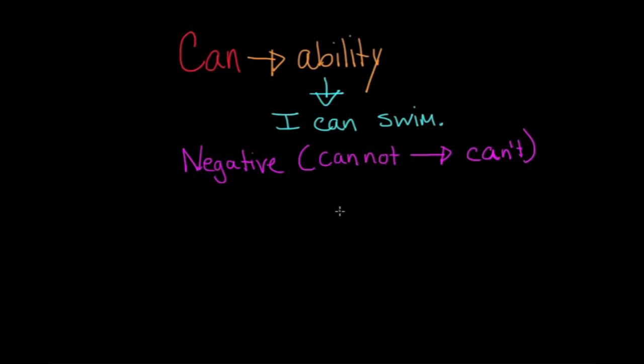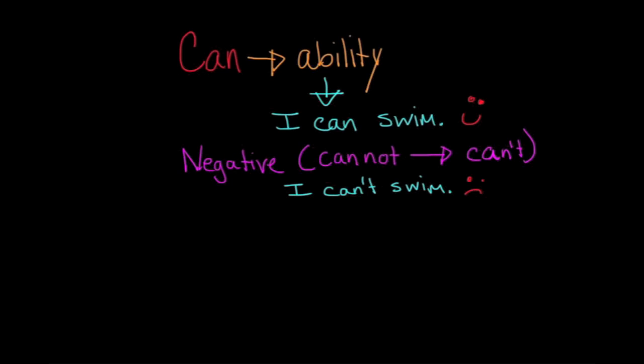So, for example, I can't swim. So this is the negative form. I can't swim. And this is the positive form, I can swim.